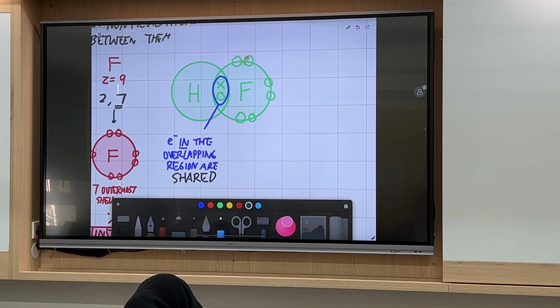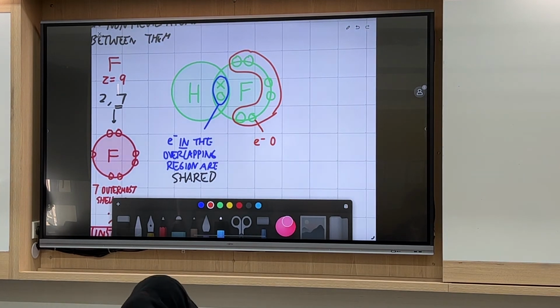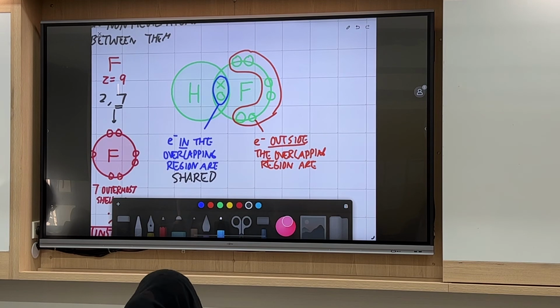These belong to fluorine. So you can put down these electrons outside the overlapping region are unshared, or not shared.